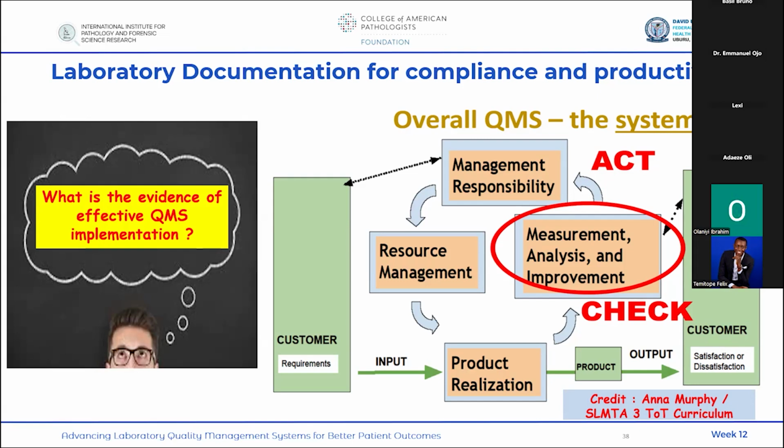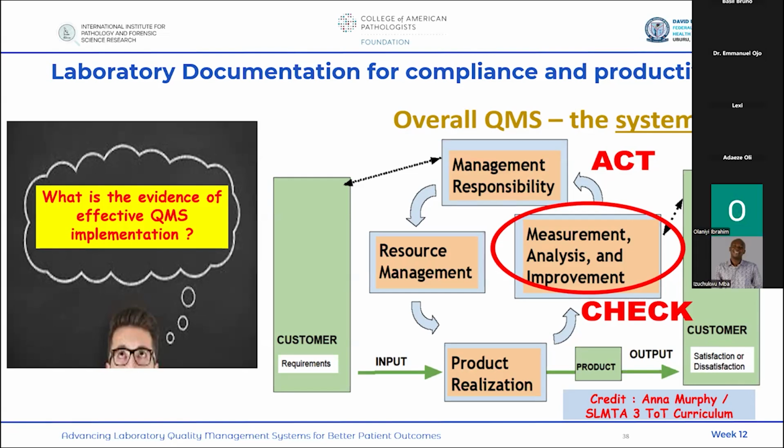So for you to be able to say that my QMS implementation is effective, you must put quality indicators in place that will help you to measure the effectiveness of your QMS implementation. And that's an example of what I gave earlier on in those examples of the quality objectives. Then when your result is ready, you analyze it and check how many of them are meeting your benchmarks.